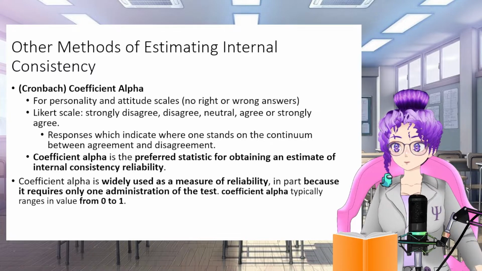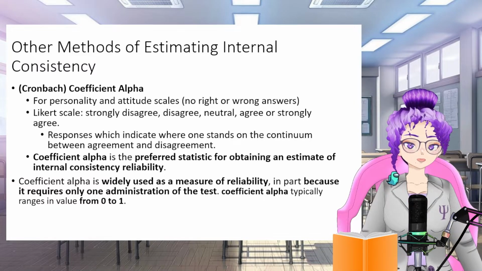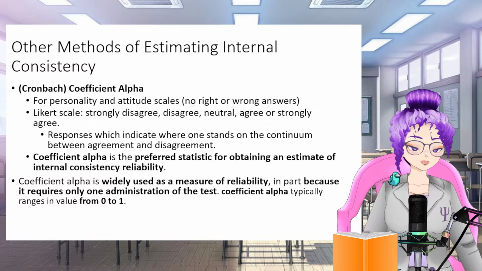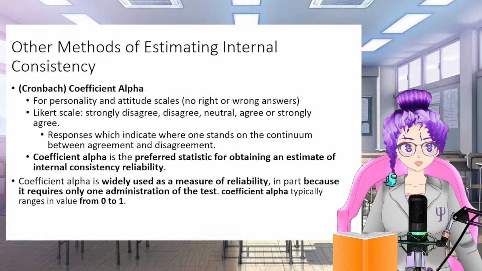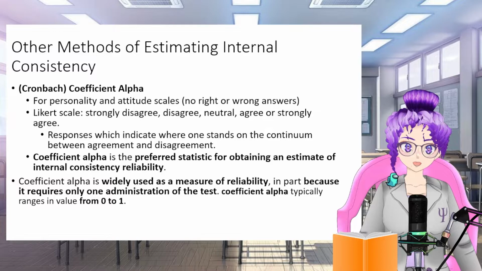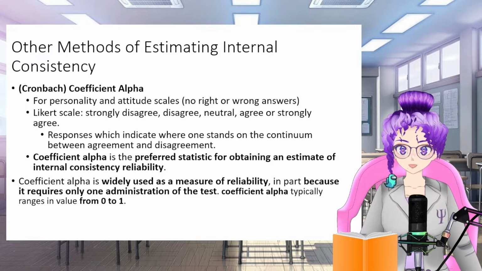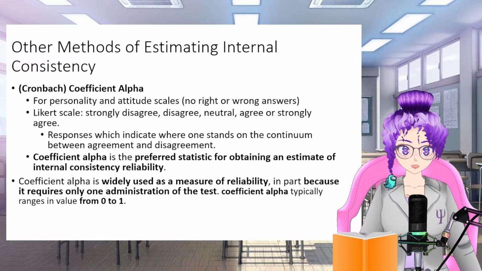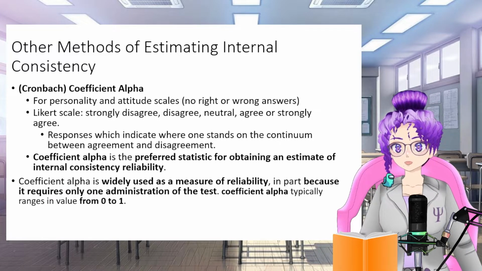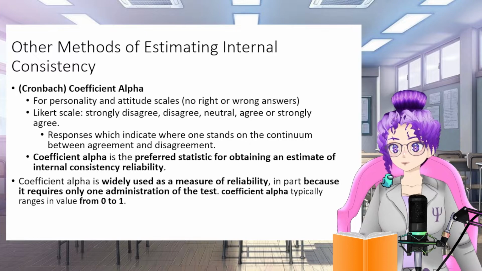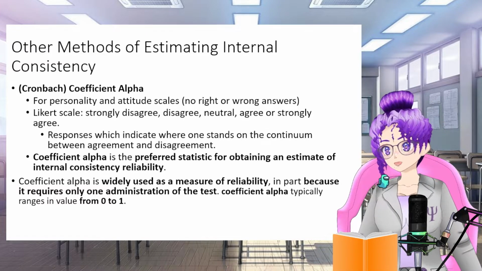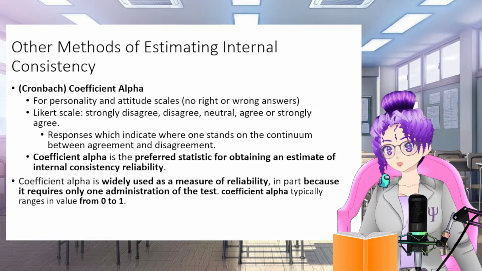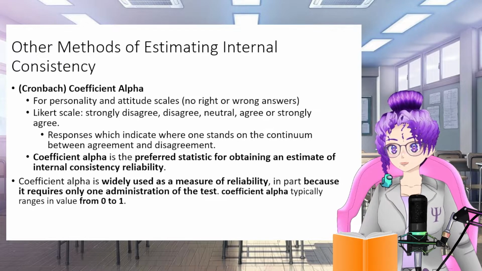So Cronbach, or coefficient alpha, I think I have also mentioned this a while ago, is often used for personality and attitude scales. This is for items that have no right or wrong answers. This is also used for Likert scales, with responses which indicate where one stands on the continuum between agreement and disagreement.